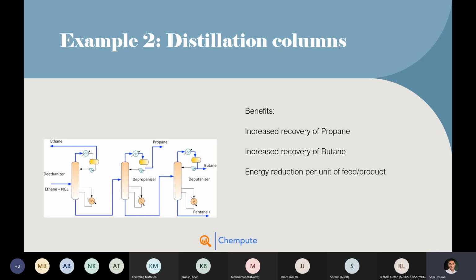And in the end, for this particular flow sheet, you will have benefits that are increased recovery of propane and butane, and you will also have energy reduction in some shape or form, and you could measure that as energy consumed per unit of feed or per unit of product produced. And that could be a total energy. You could either do it for each unit, or you could do it as a cumulative thing.